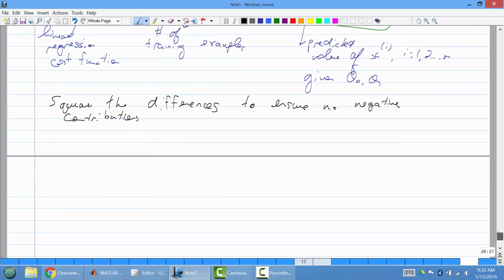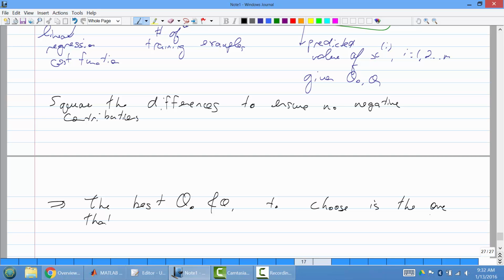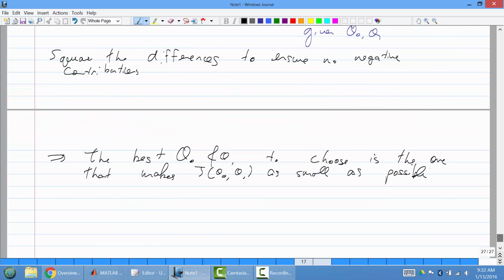Okay, so the goal is, let me see here, the best theta 0 and theta 1 to choose is the one that makes the cost function as small as possible. You can try different combinations of theta 0 and theta 1, but the goal is to choose those two parameters that make this cost function as small as possible.